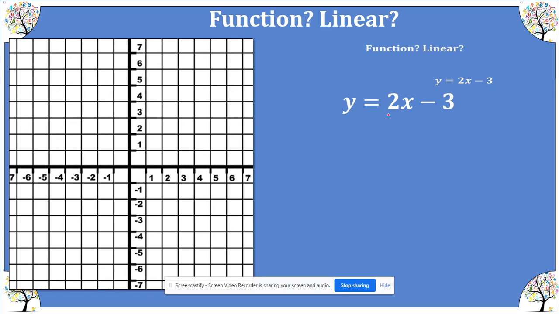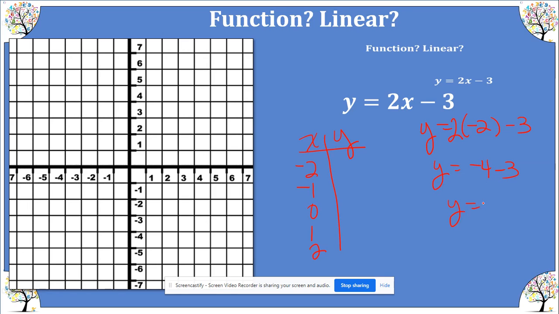So we are going to create a function table, and we're going to plug in -2, -1, 0, 1, and 2. We get the output by plugging in these values. I have 2 times, plugging in -2 for x, y equals -4 minus 3.